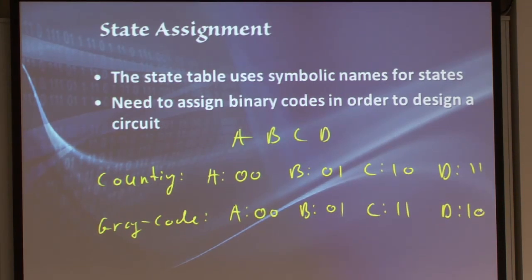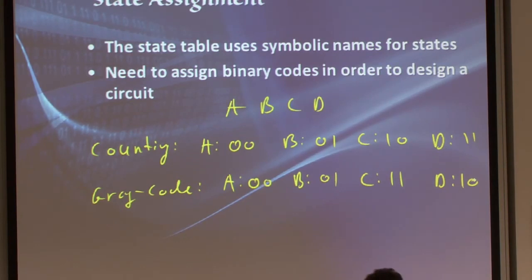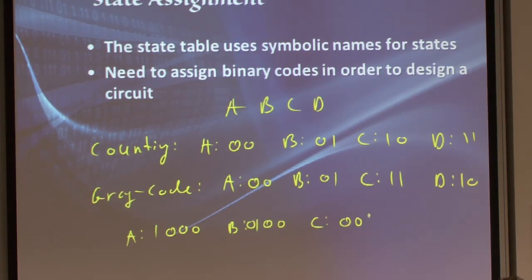Or, for example, who said we only have to use 2 flip-flops? We need to define 4 states, but maybe for 4 states it's better off to use 4 flip-flops. And then we might code something that looks like A is 1 0 0 0, B 0 1 0 0, in which case only one of those flip-flops is 1 at any particular time.